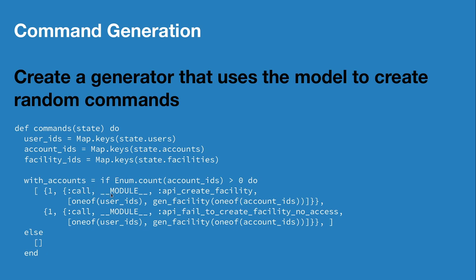The module just means calling this particular module, and then we've got the name of the function, which is API create facility, and then under that we have the arguments that function will be called with. In this case, we've got one of user IDs, and we've got a generator for a facility. So this is what's going to be generated when we call the system.